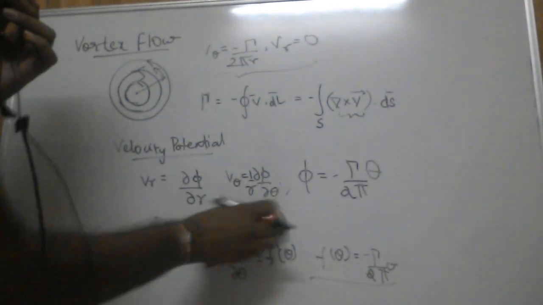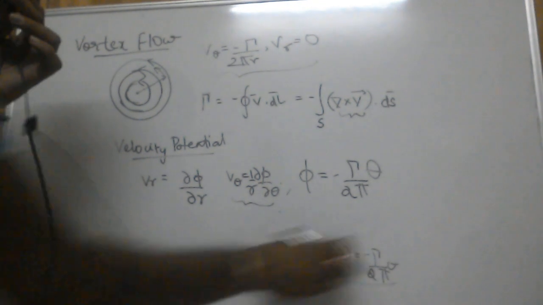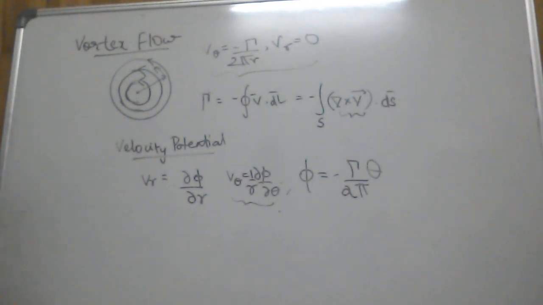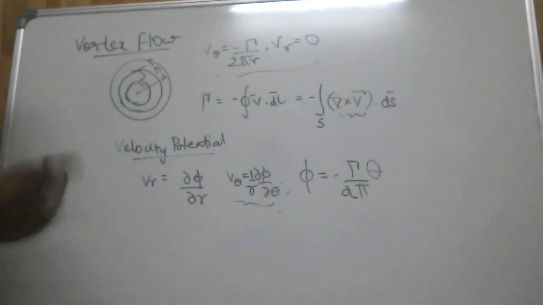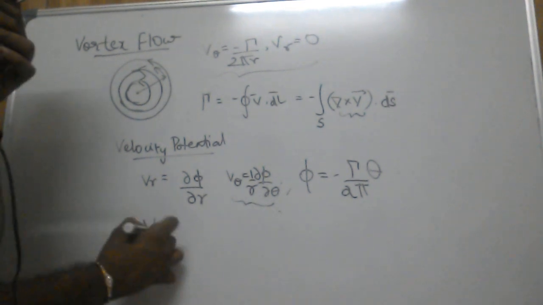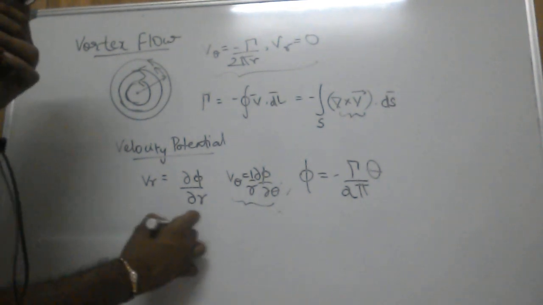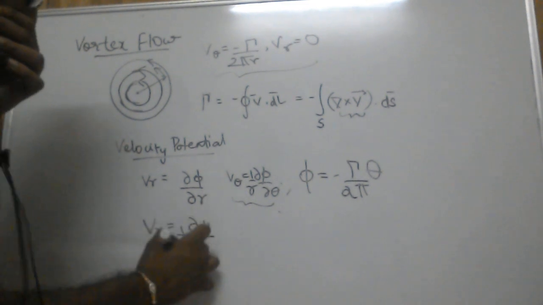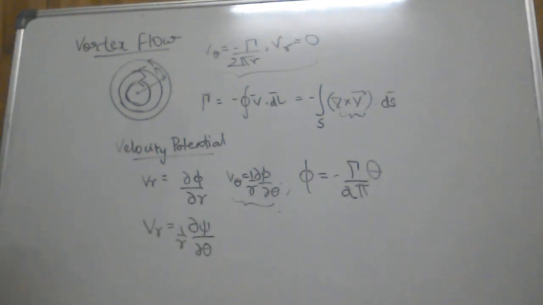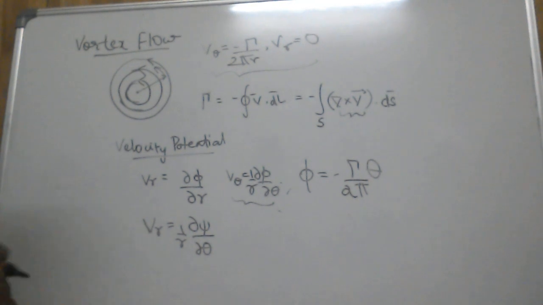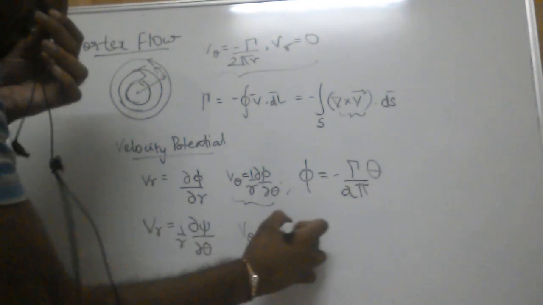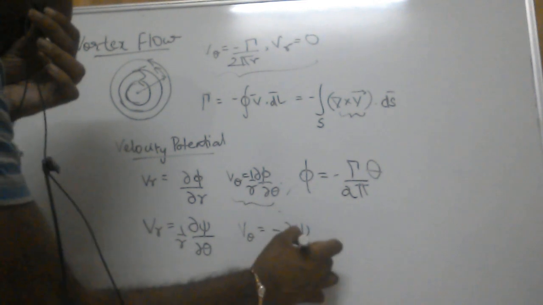One can do a similar exercise for finding the stream function for this specific flow field. One can just use the formulae: Vr is 1 by r dou psi by dou theta, and V theta is minus dou psi by dou r.